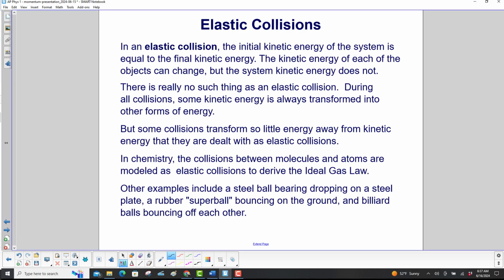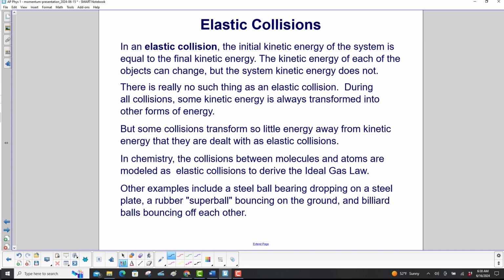In an elastic collision, the initial kinetic energy of the system is equal to the final kinetic energy. The kinetic energy of each of the objects can change, but the system kinetic energy does not. There's really no such thing as an elastic collision. During all collisions, some kinetic energy is always transformed into other forms of energy.